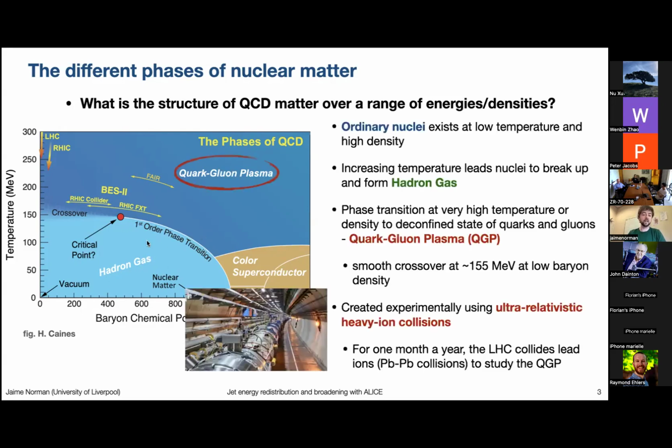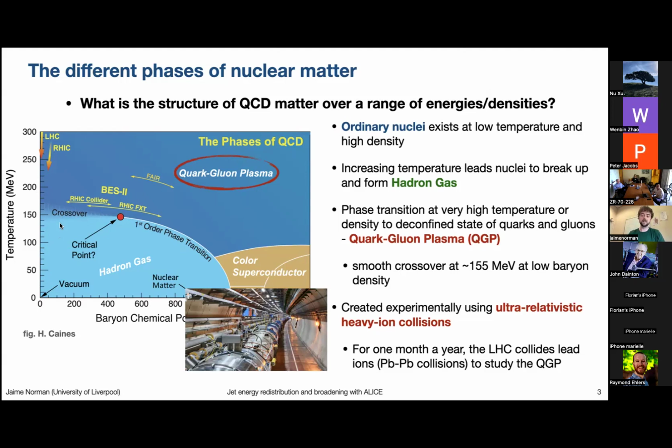But as we keep heating it up at very high temperatures, we get a phase transition to a deconfined state of quarks and gluons. This is known as the Quark-Gluon Plasma. And at low baryon density, we expect a smooth crossover at around 160 MeV.